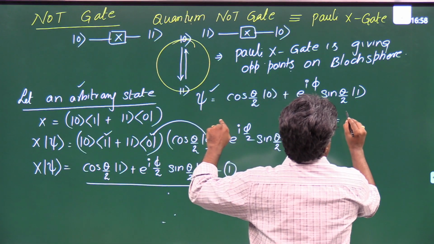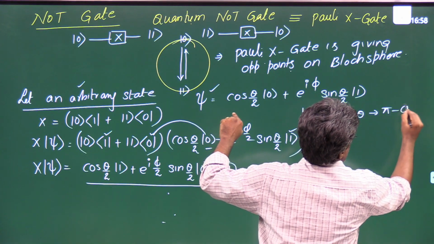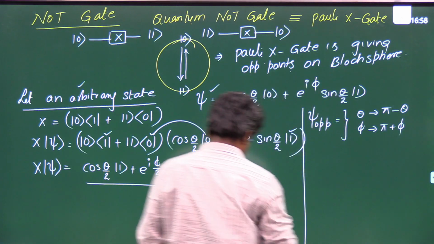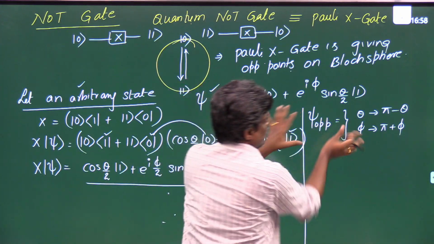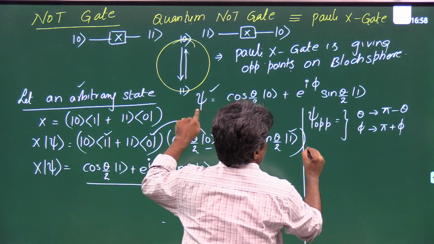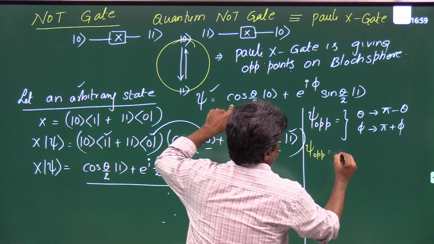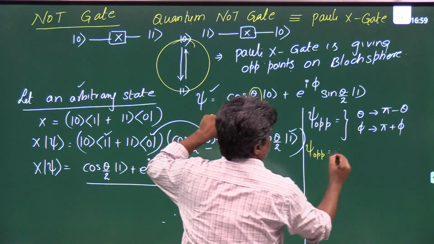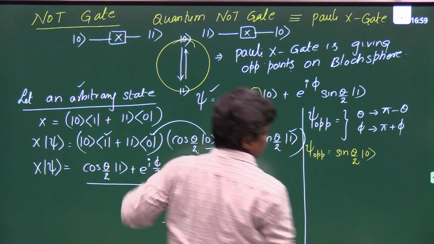In the earlier classes, I told you theta will be replaced with pi minus theta, and phi will be replaced with pi plus phi. I hope you remember. Those who are revising the notebook, you will understand. Take it and substitute. Psi opposite is equal to, shall I write directly? This is pi minus theta here. That's why sin theta by 2 gives cos theta by 2, the coefficient of 0.